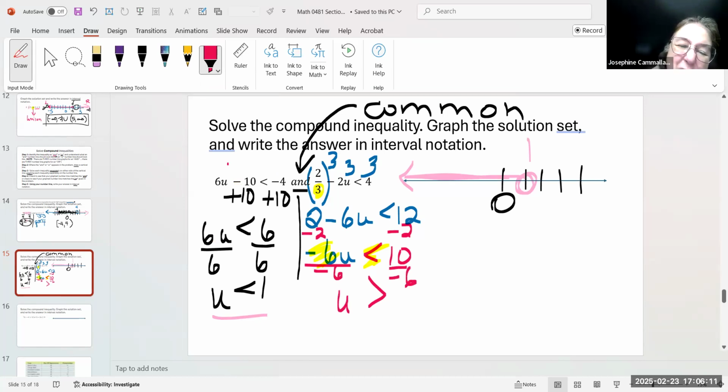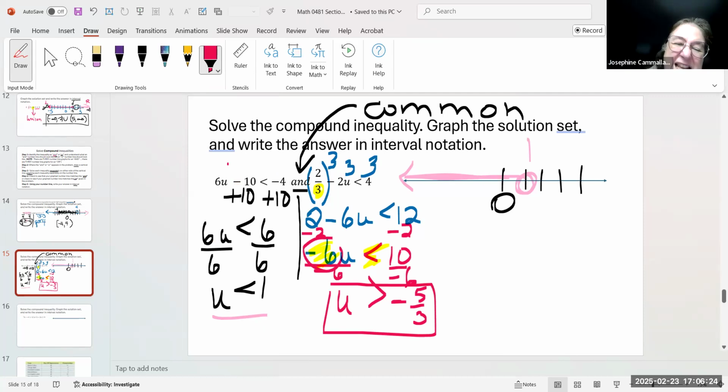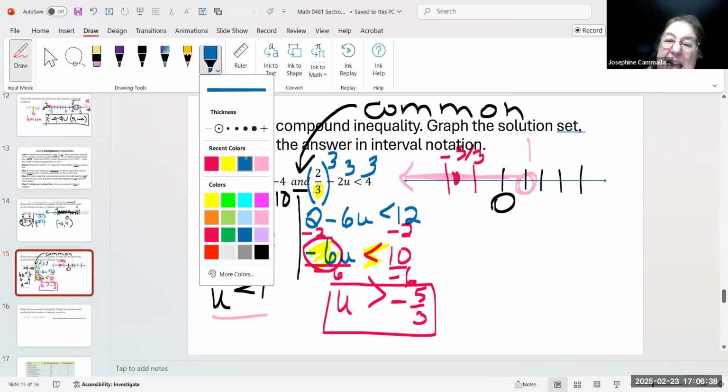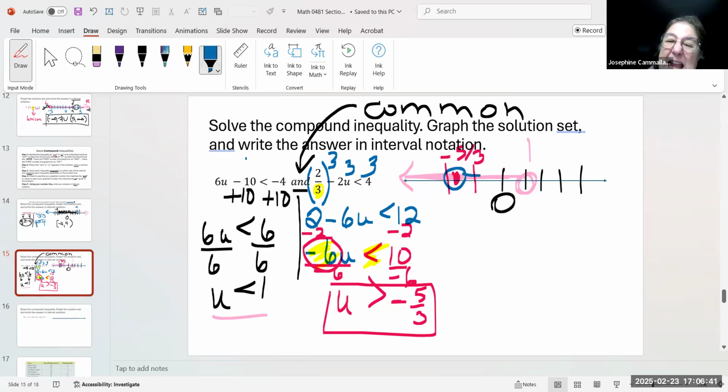Now this is giving me u is greater than negative 5/3. Notice how my symbol flips. This is negative. Well, it's going to be right about here, negative 5/3. I'm going to have an open circle, and I'm going in this direction.